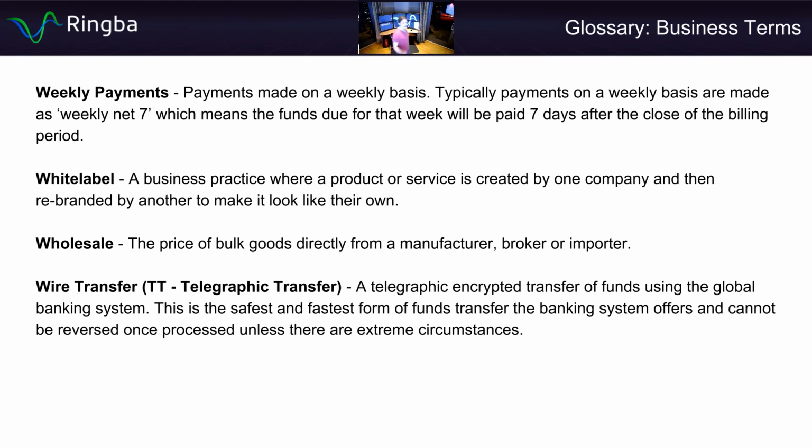So if someone sends you a wire transfer, that money is yours as soon as it hits your account. So anytime you want to accept a payment from someone for calls, a prepayment, especially from overseas, wire transfer, guys. Wire transfer is the only way to do it because you're guaranteed the money is yours and it can't go anywhere.